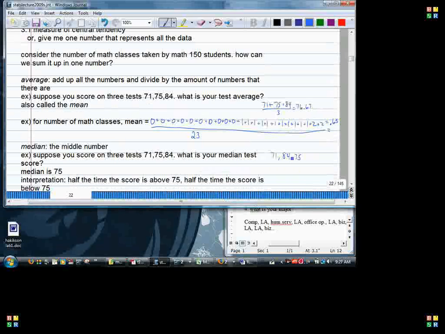What's the median? 75. The median is 75. It doesn't matter what order you write them down in. In numerical order, which one's in the middle? And the way to interpret this is to say that half the time your score was above 75, and half the time your score was below 75.